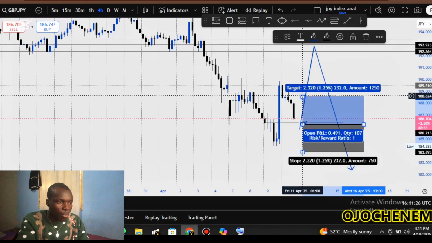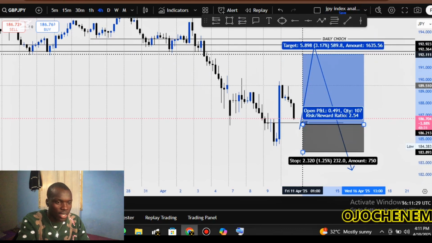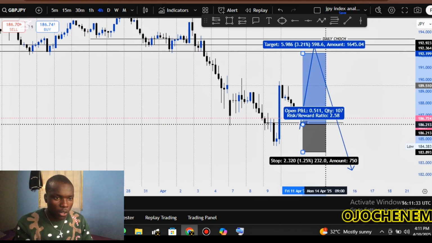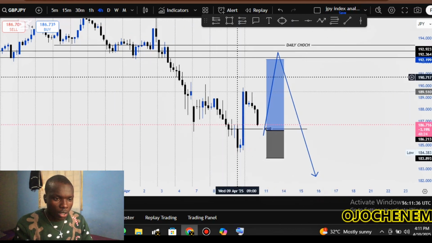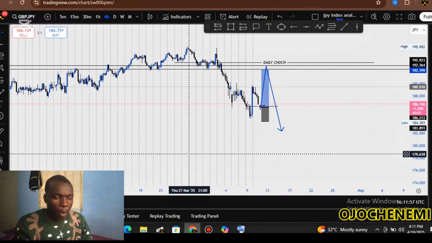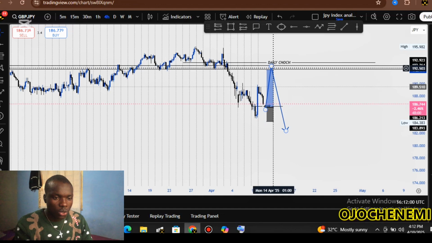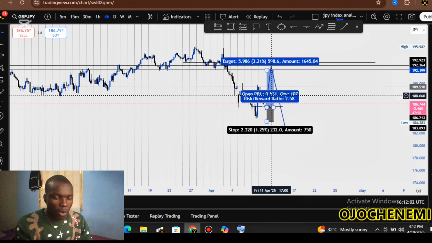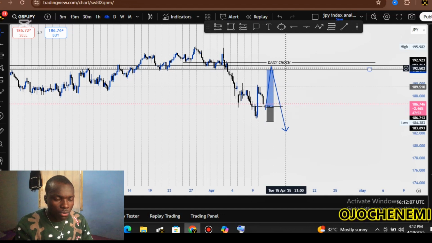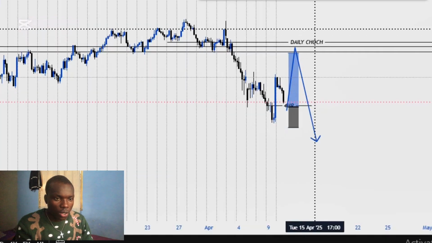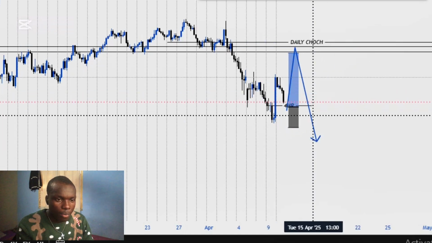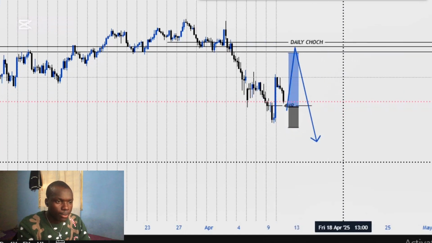I'll be buying from here, so I might trade this counter trend. After this change of character, I'll wait for the price to also tap on this zone. Coming back to this zone, then we'll sell from this zone before we continue to the downside. I'll be expecting this to happen.